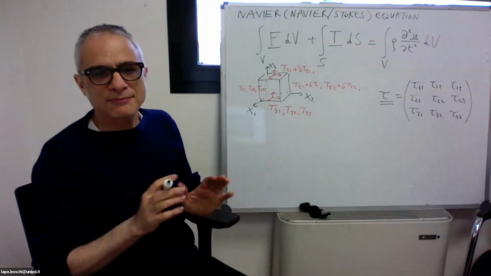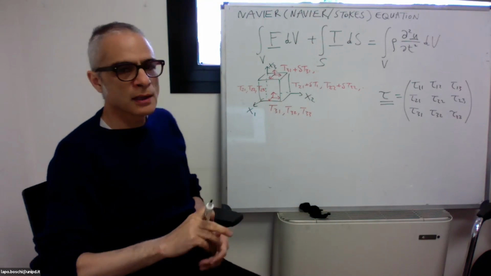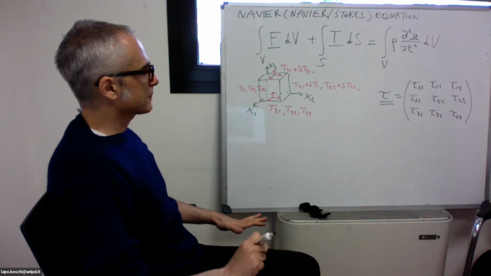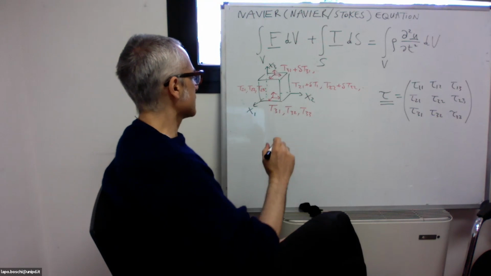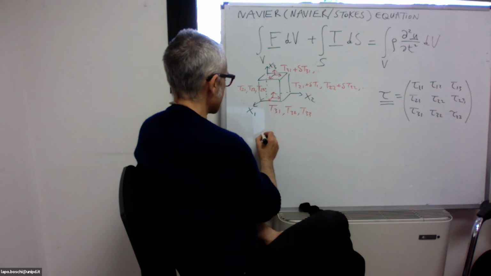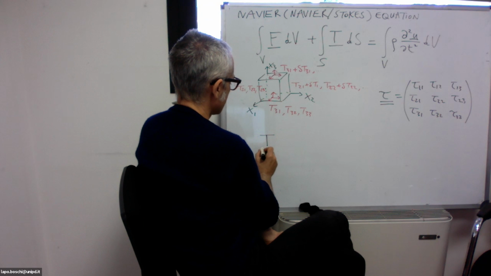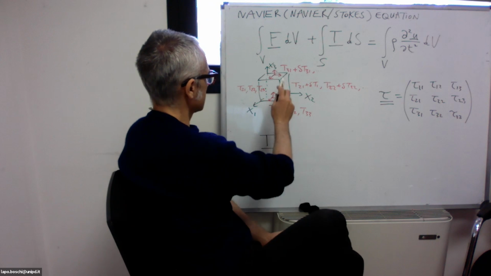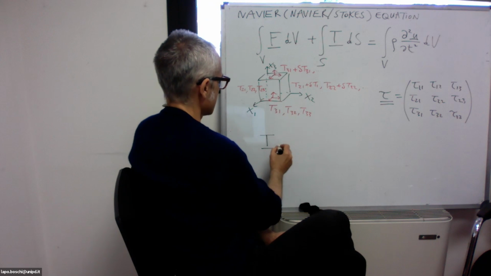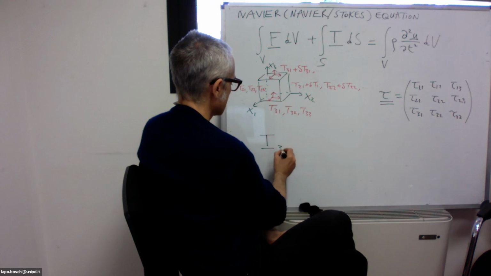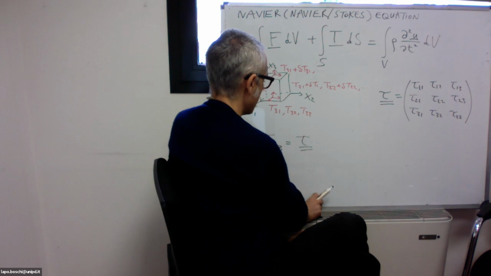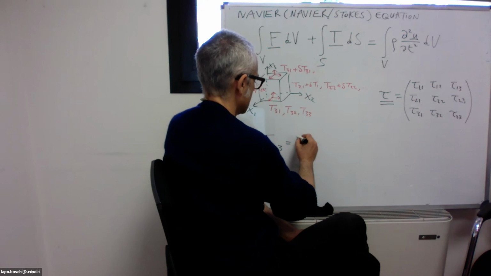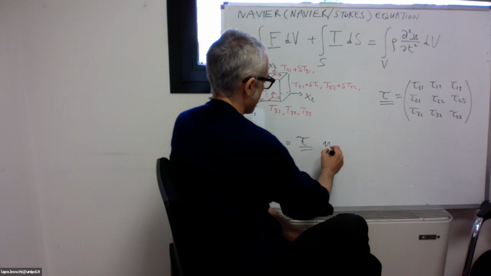Now here I'm skipping a little bit of material. But I'm just going to tell you that if you want to know, for example, the force T that acts on surface number 3, you multiply tau scalar by a unit vector n.